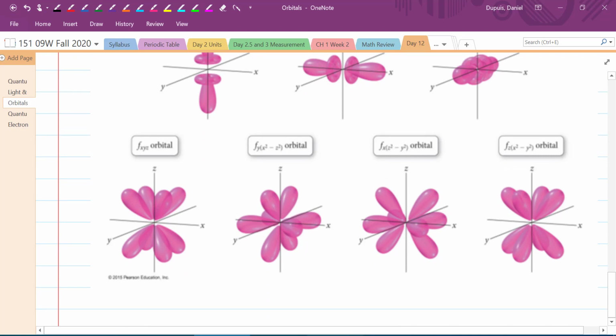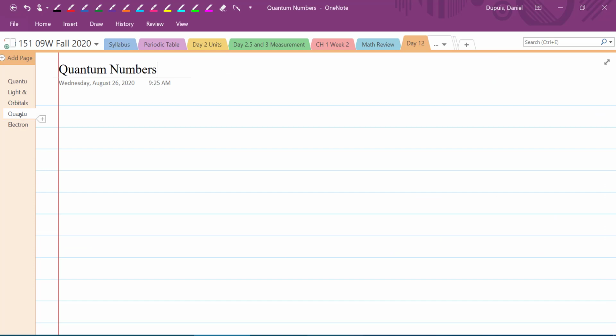So let's review our quantum numbers. The wave function, psi, is characterized by 3 numbers. There's going to be a 4th number, too.